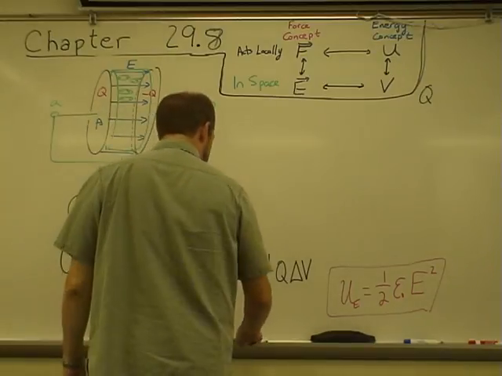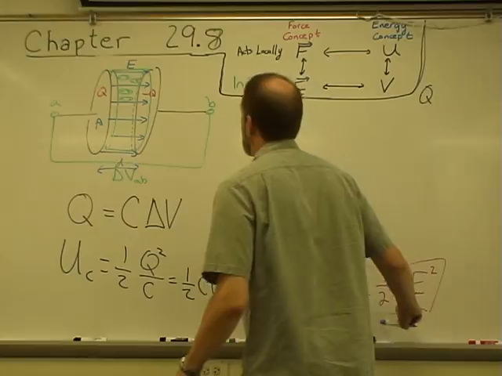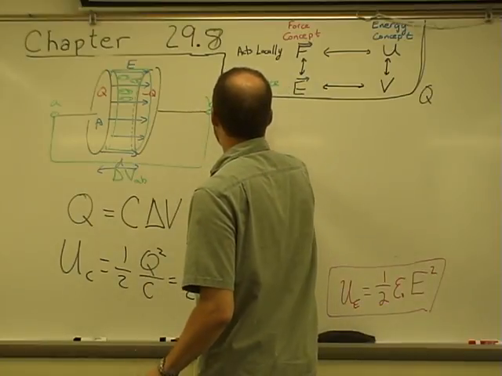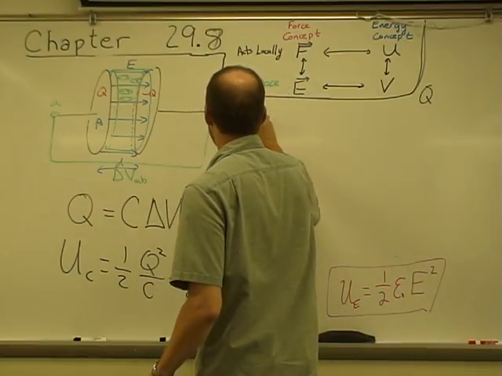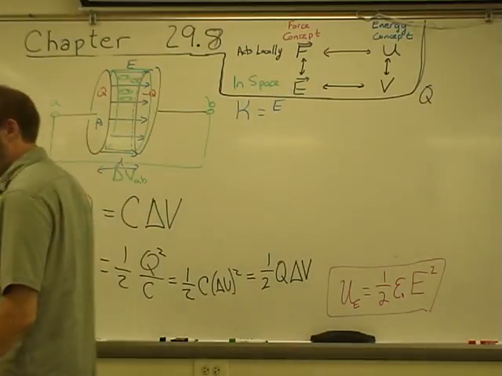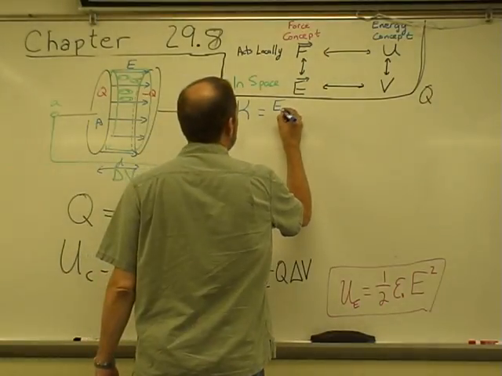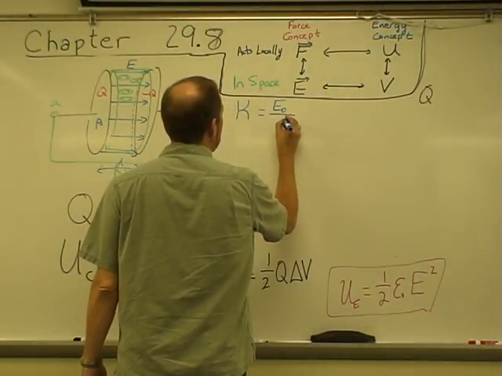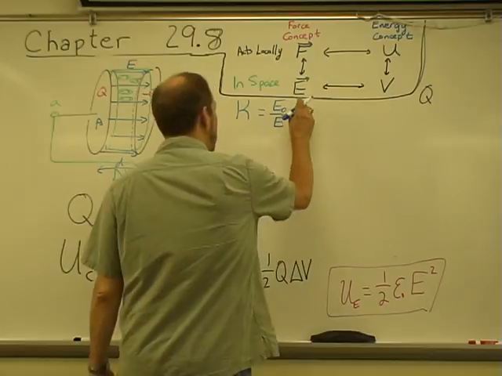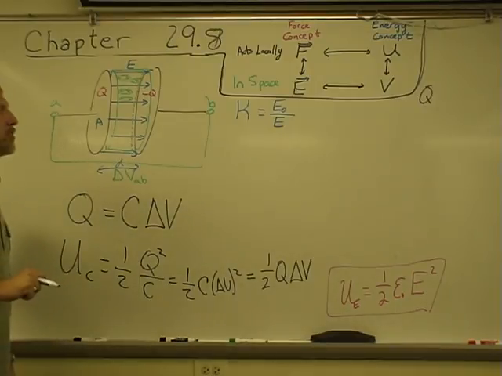Let's define that by defining that with some constant kappa. And we'll define kappa as the ratio of the electric field in free space to the electric field inside the dielectric.